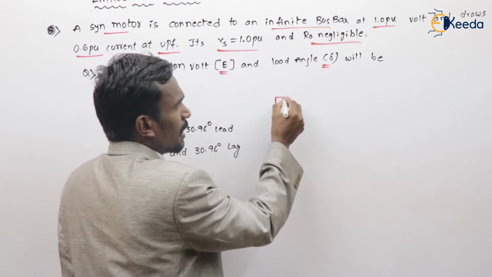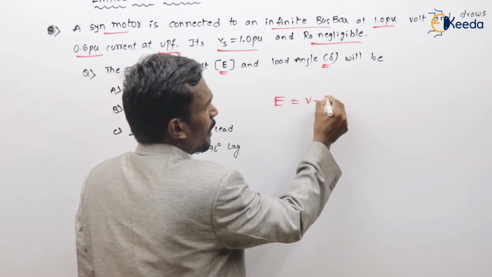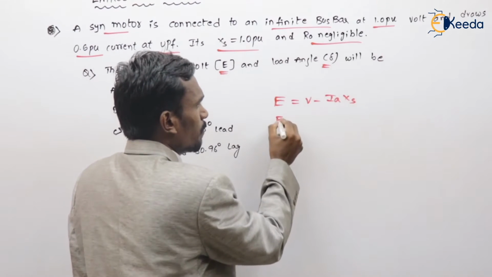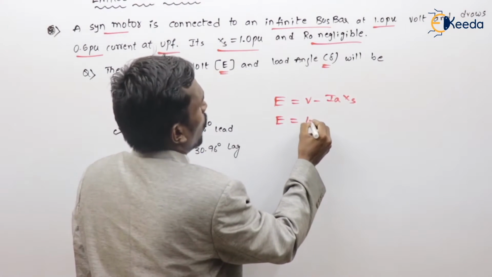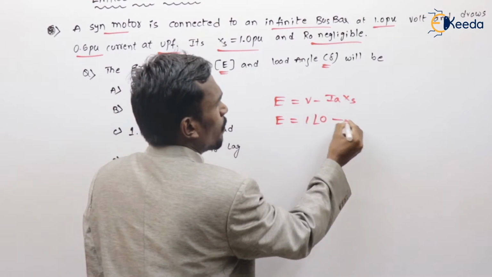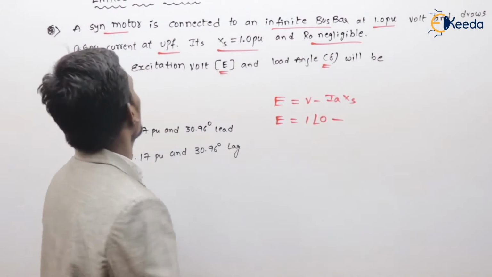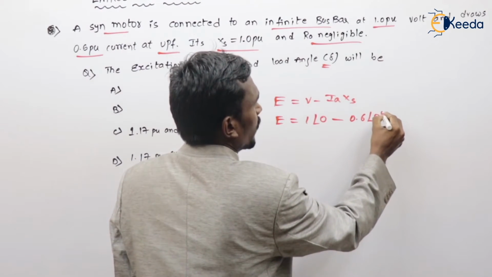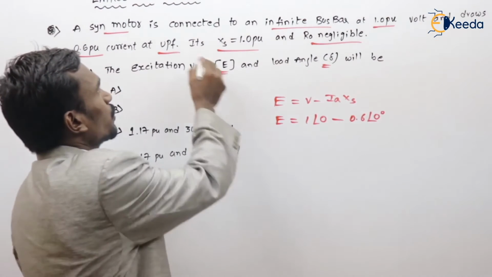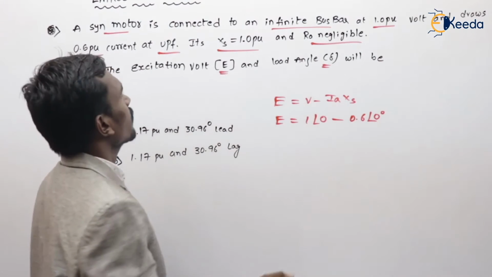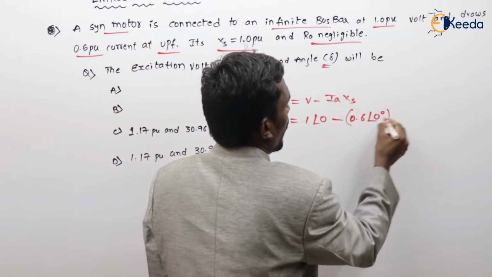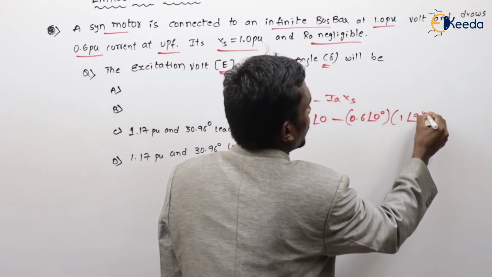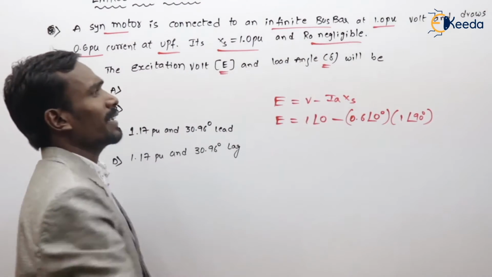Generally, what is the formula? EMF E is equal to V minus IA into XS. E is equal to V, 1 at an angle 0, minus IA, 0.6 at an angle 0 degrees, because unity power factor, cos 0 is 1, and XS, 1 at an angle 90 degrees, because RA is negligible.